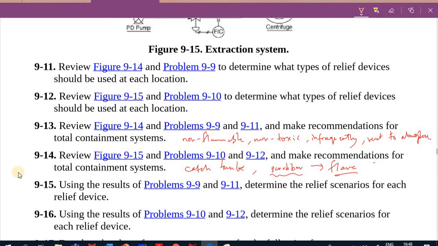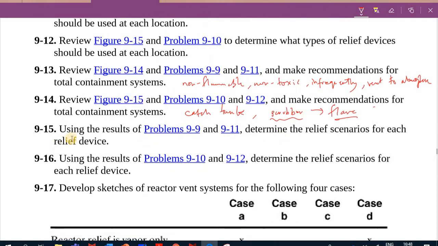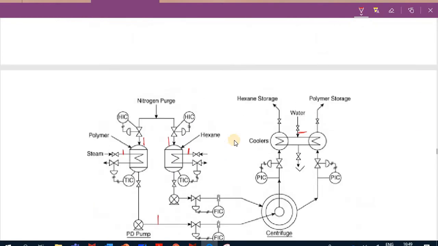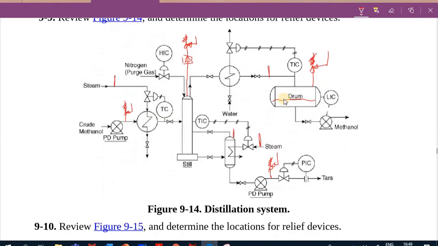What else? Here in 9.15 it's talking about the relief scenarios. What relief scenarios do we have for the device? I already mentioned some ideas, but if you want to go back to 9.9 and 9.11, what are the relief scenarios that we have?